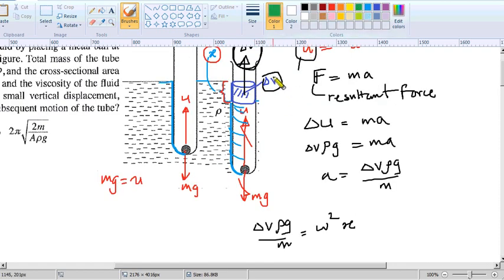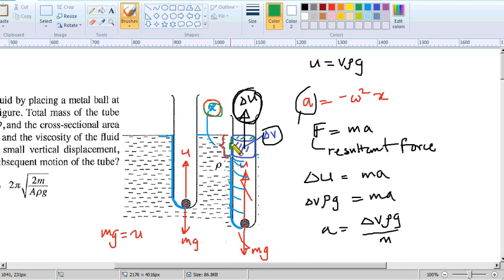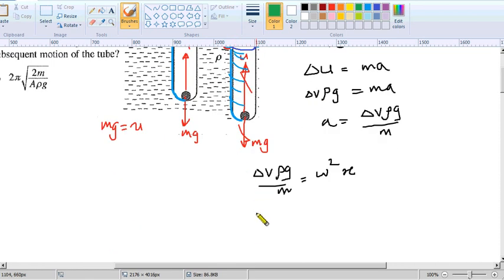Delta v is the volume, so area times x. X is the length of this side, this height. So delta v is area times x. So we substitute that: A x rho g divided by m equals omega squared x.